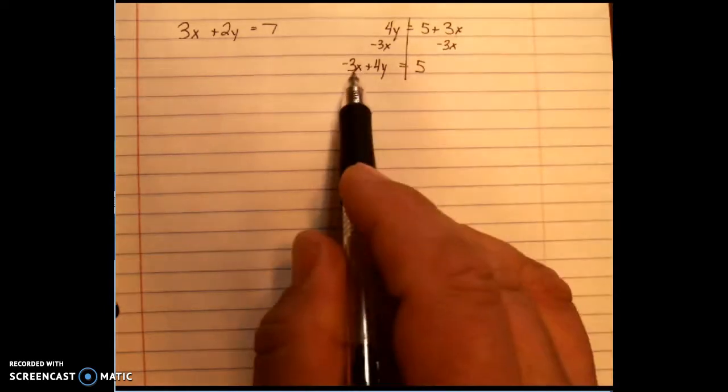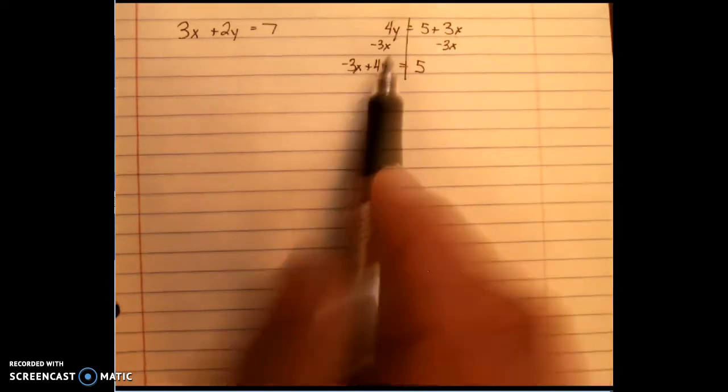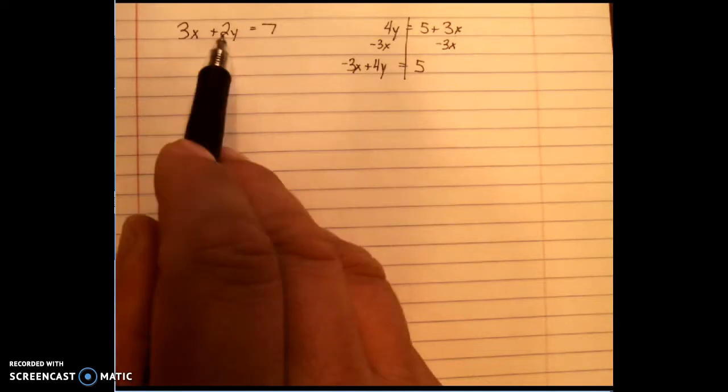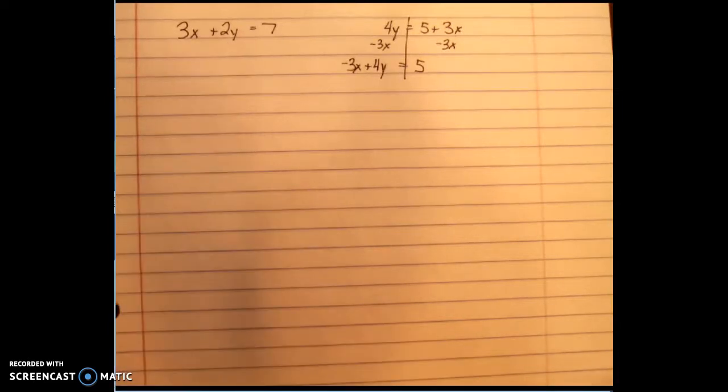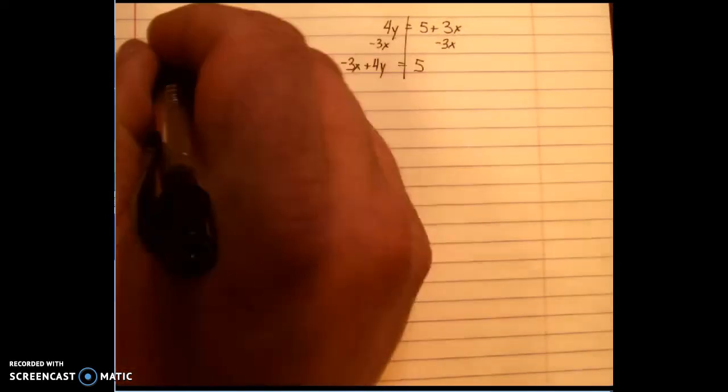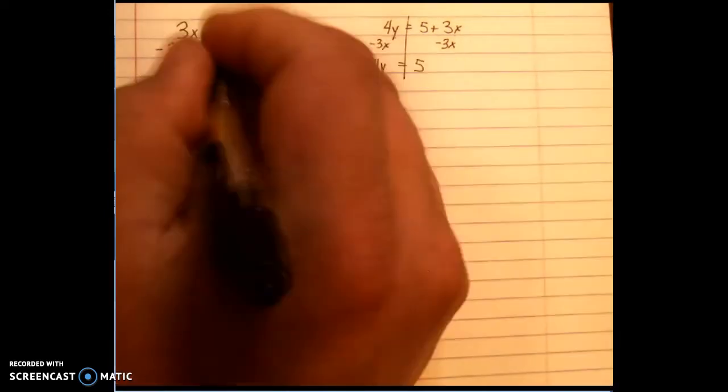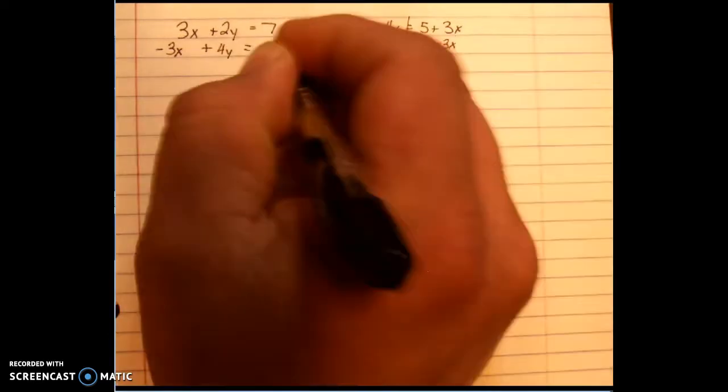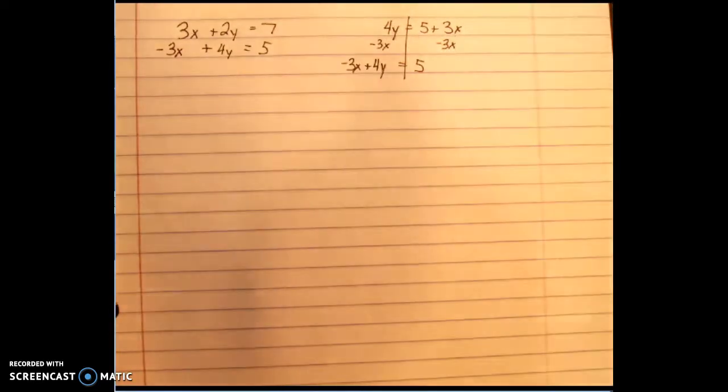Notice I wrote the x first, the y second, because this one has the x first and the y second. Now, I want to put these two equations above one another. So I'm going to take this one and I'm going to write it right below this one.